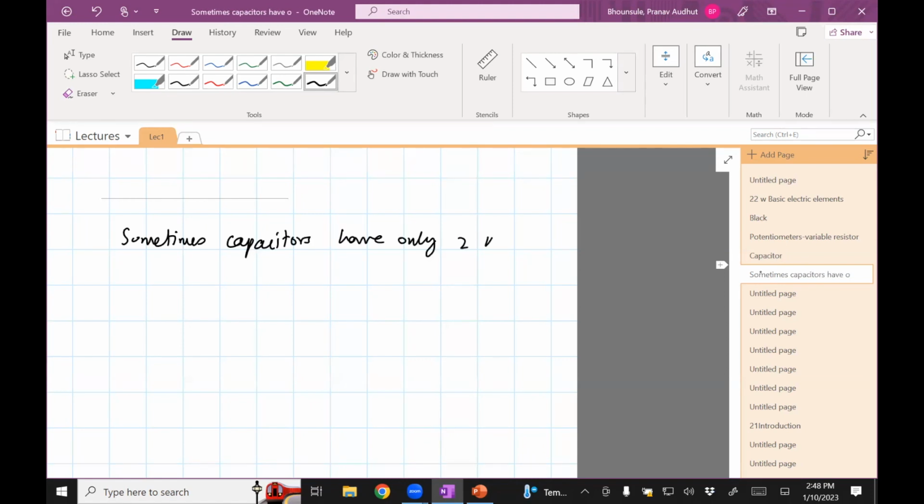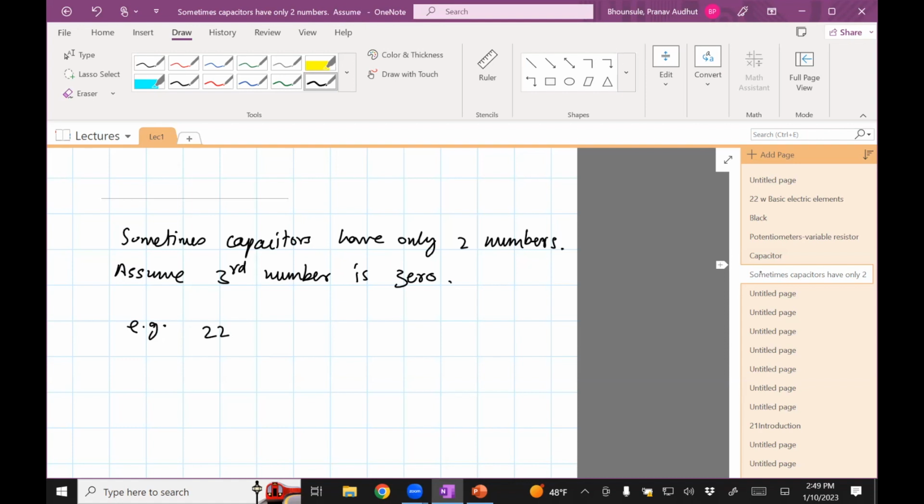For example, if you have 22, you'll interpret this as 220, which would be 22 times 10 raised to 0, which is 22 picofarad.